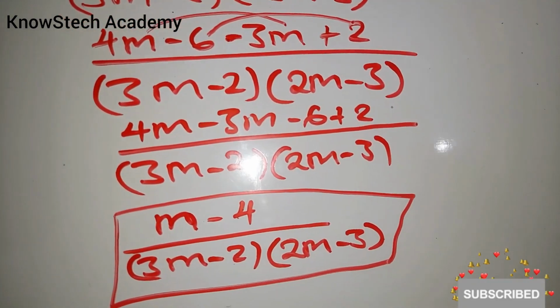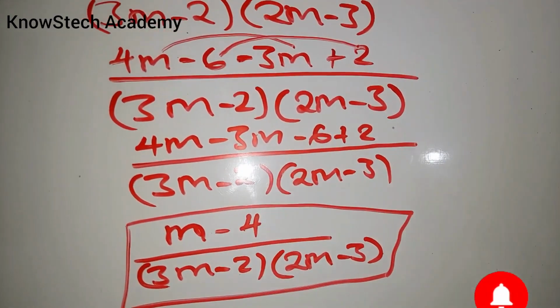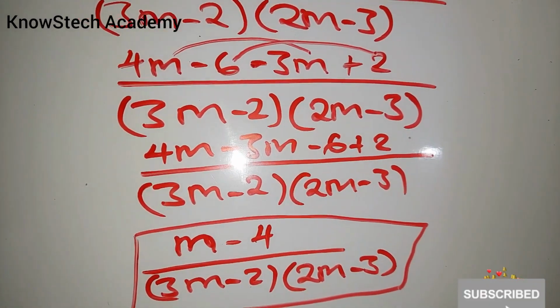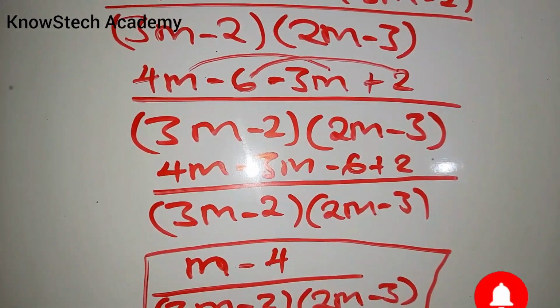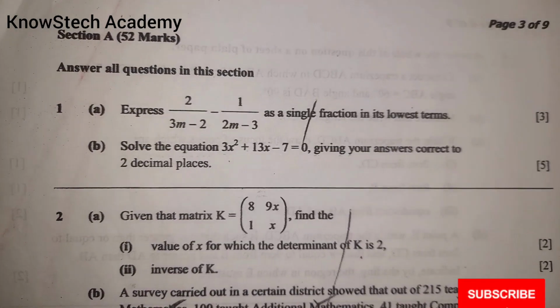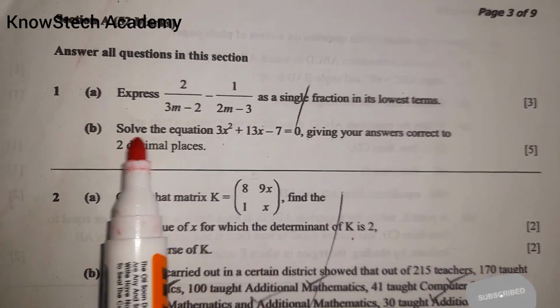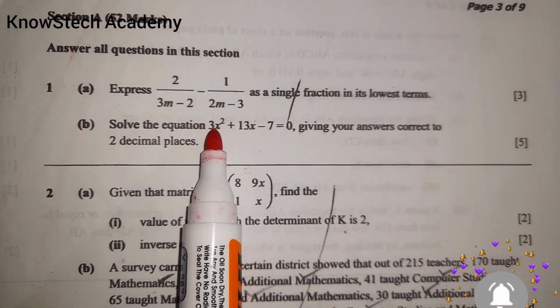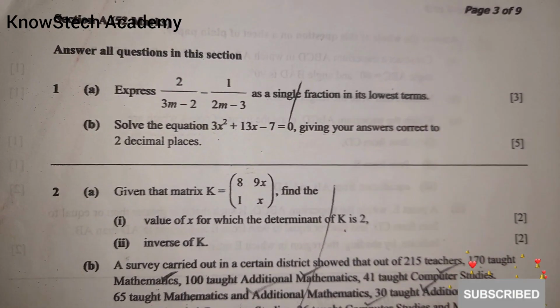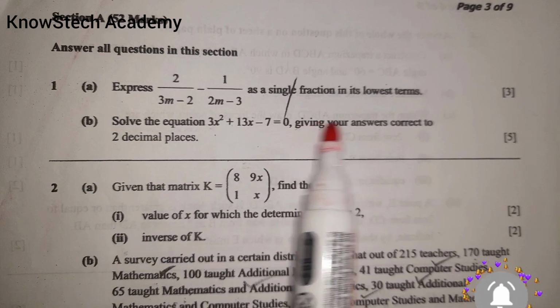Quickly, let's go to question B. Question B is saying solve this quadratic equation, giving your answer correct to 2 decimal places. So let's write this down.